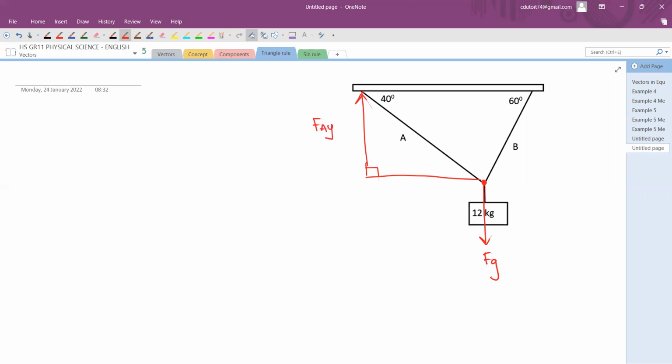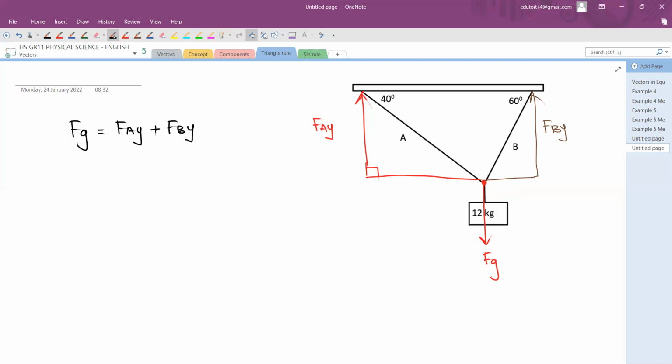That component is pulling upwards. And then this brown force here, we call B, also has a y component pulling upwards. So the sum of these two components: the Fg force downwards equals the force A y component plus the force B y component. Imagine that.